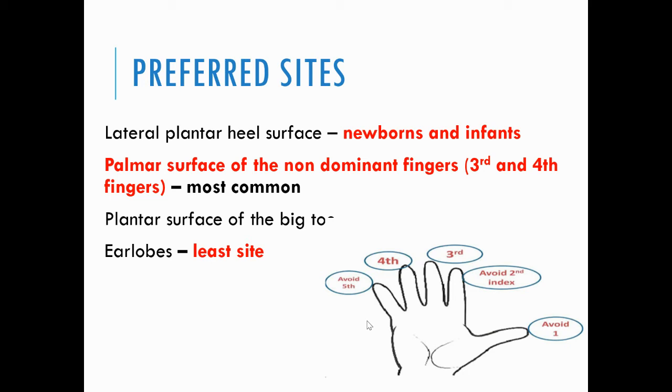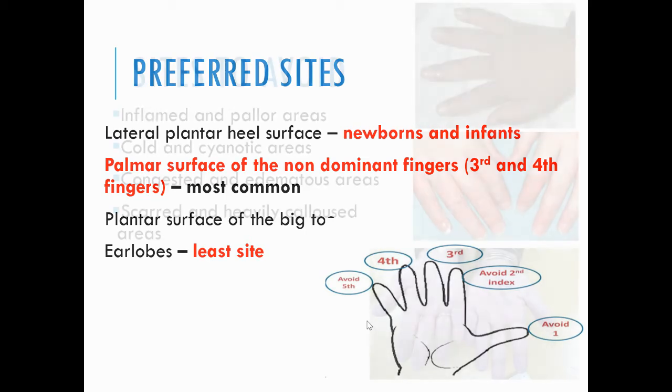So again, across the fingerprints. See here, avoid using the thumb, the index finger, and the pinky finger. The most difficult site for capillary puncture is the earlobes, though some tests require collection from the earlobes.